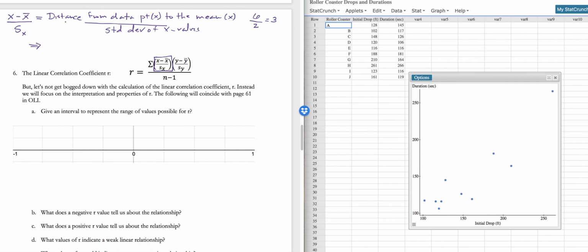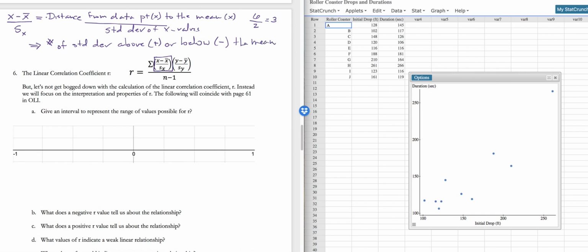This is also going to give us direction. So this is going to tell us the number of standard deviations above the mean if this value comes out positive, or below the mean if this value comes out negative.